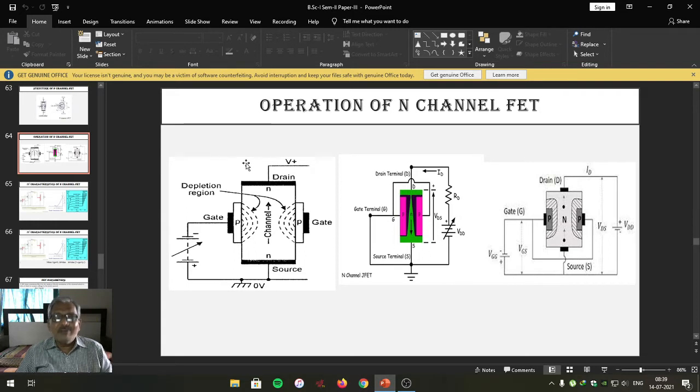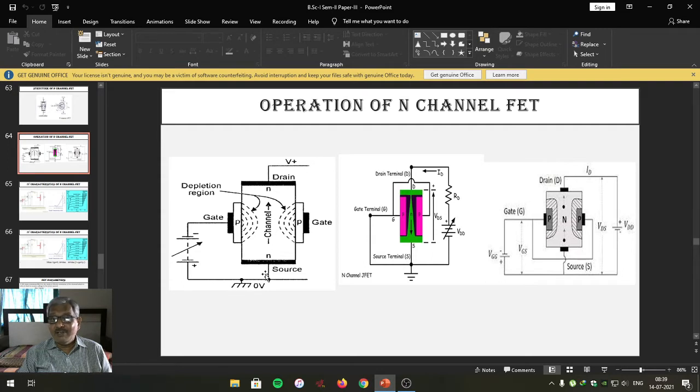So to allow the FET to work, to allow the FET to conduct current, the input junction, that is the gate to source junction, is always reverse biased.